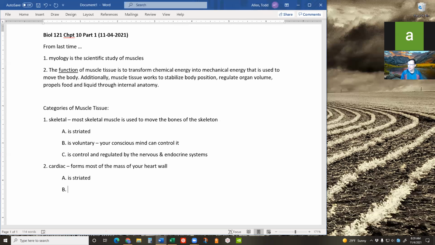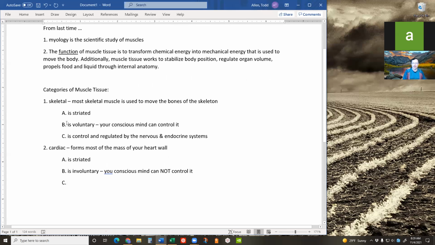The muscle is involuntary, which is to say that your mind, largely, cannot control it, right? You cannot use your conscious mind to tell your heart to stop beating. And the cardiac tissue of the heart is controlled and regulated by both the nervous system and endocrine systems as well.